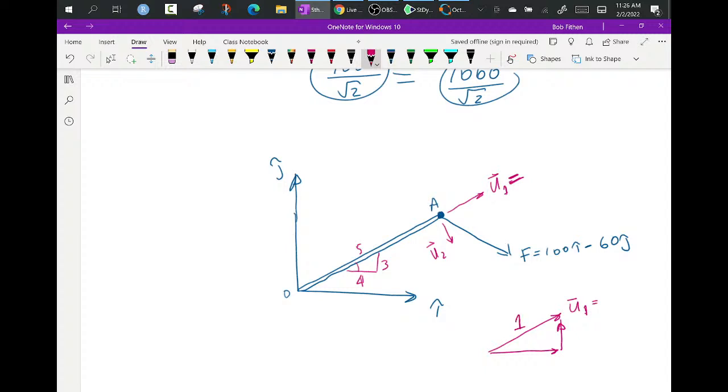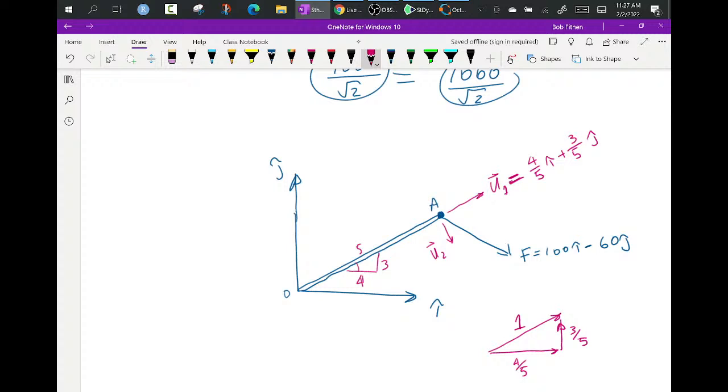So if this is length 1, this has got to be 4/5, and this has got to be 3/5. Oops, sorry, my hand went awry there. So that's 3/5 down there. I couldn't figure out how to put that and that together on the same diagram, so sorry about that. In fact, it'd be 4/5 I plus 3/5 J.